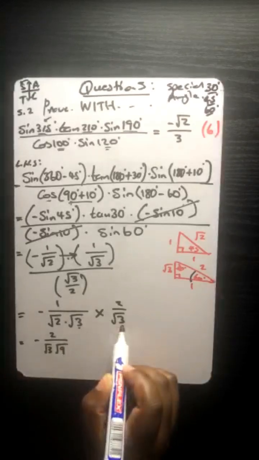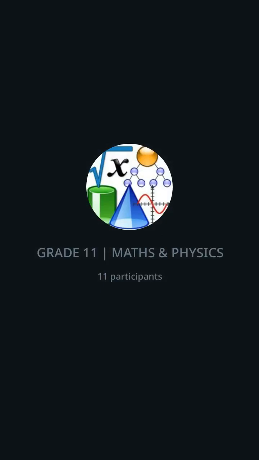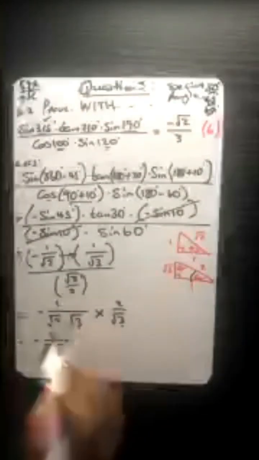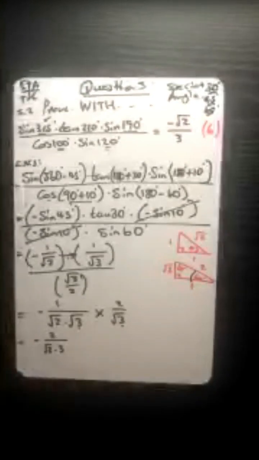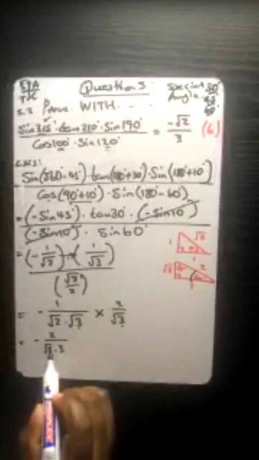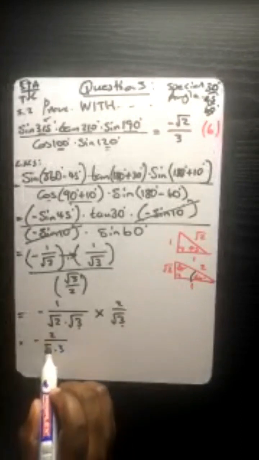And then now, what is the square root of 9? I think it's 3. So now it's more like, wait, not the root of 3 there, but the root of 2. Let me just quickly correct that.